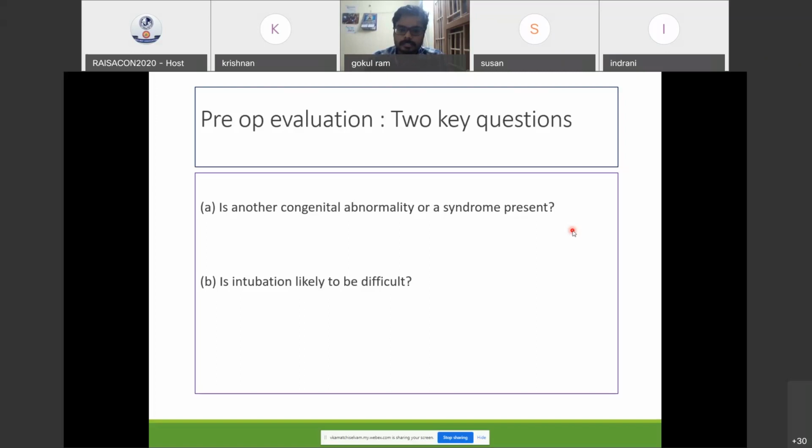Any increased secretion or hyperreactive airway can provoke sudden laryngospasm during airway manipulations. So you're worried about respiratory tract infections. So how do you differentiate a respiratory tract infection from just a secretion that has gone from the mouth to the nostril in a cleft palate?